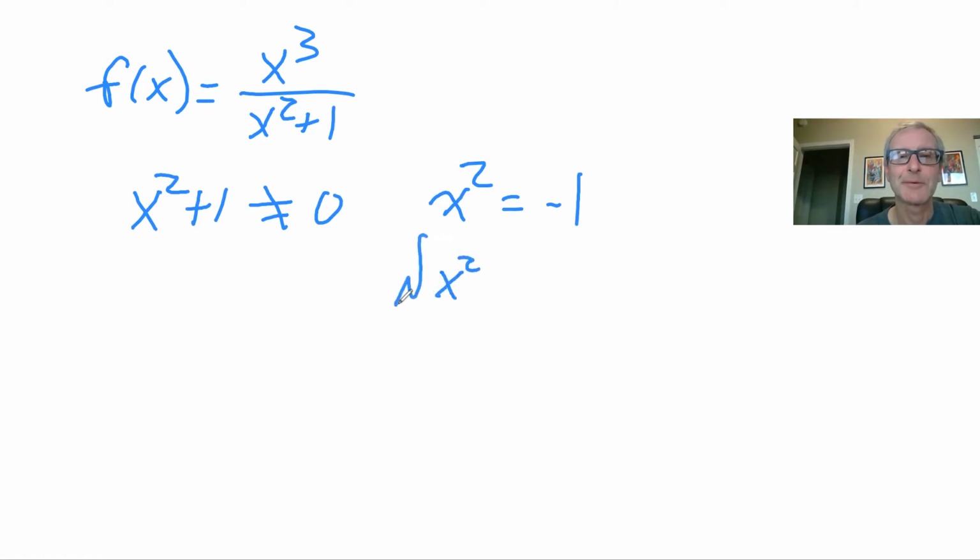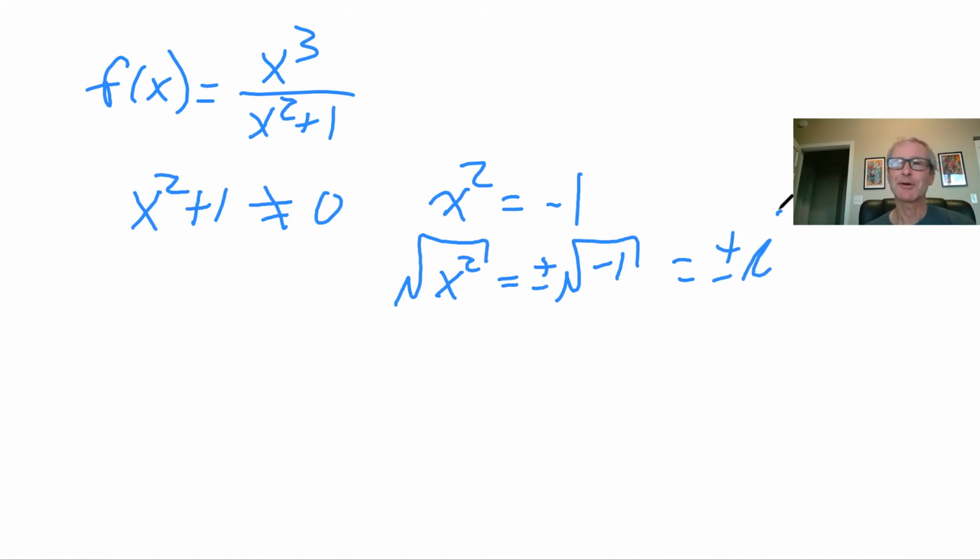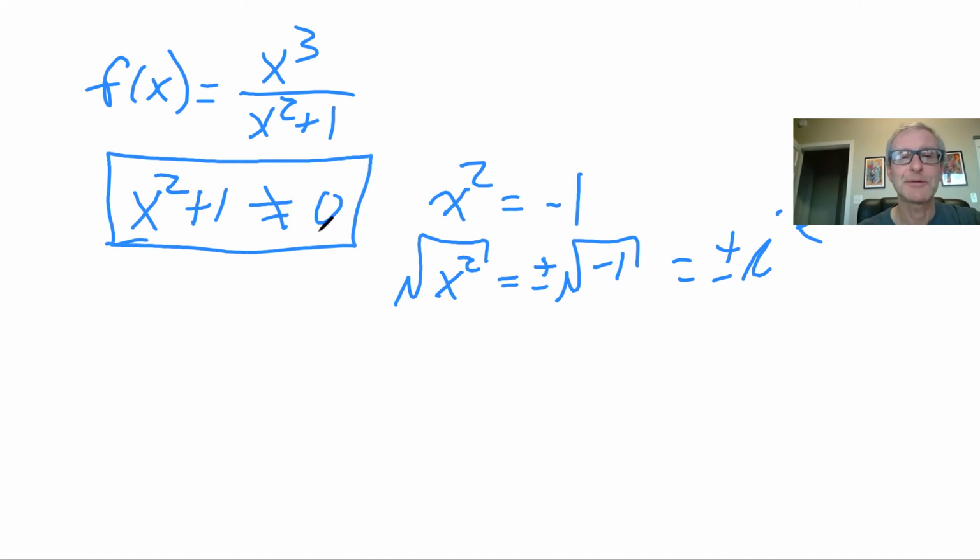Take the square root of both sides. What does that equal? That equals plus or minus i. Remember, that's a complex number, so this is not a real number. There's no real number that will cause this equation to be 0. So in this case, the domain would be all real numbers.